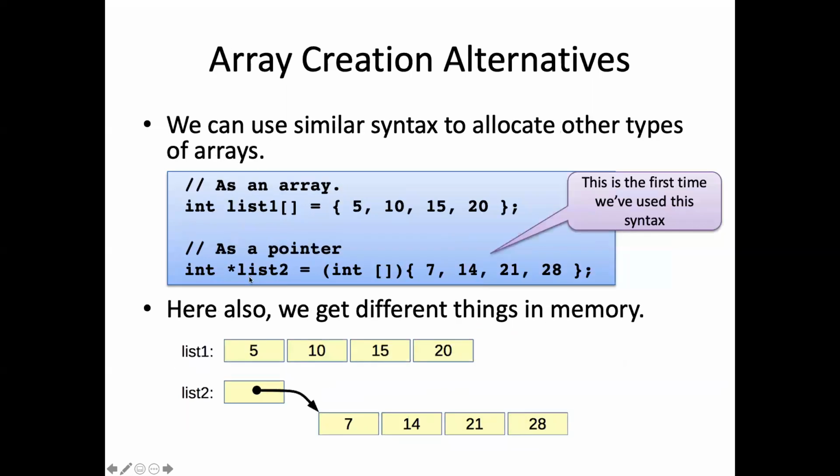It's more like what I'm doing here on the bottom. I want to make an array, but I just want to get a pointer to that array. So I made an int pointer, and once I've made it point to an array, I can use it to index into that array just like any other array. This syntax over here on the right, this is the first time we're seeing this. That is a way of making an array and getting the compiler to allocate this array.